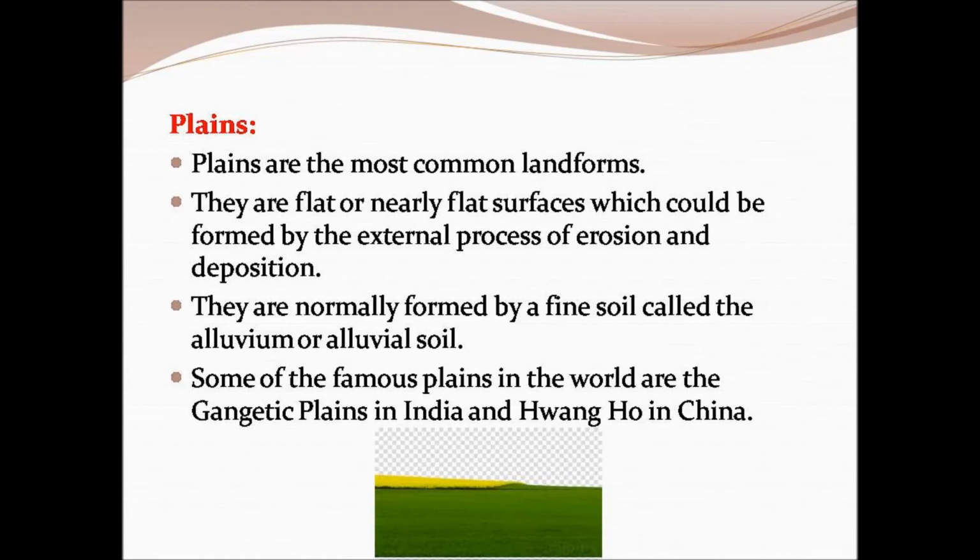The plains are normally formed by a fine soil called alluvium or alluvial soil. Alluvial soil is very fertile and suitable for cultivation of crops. The alluvial soils are brought down from the mountains by the rivers. We have already studied that the rivers originate from the mountains.